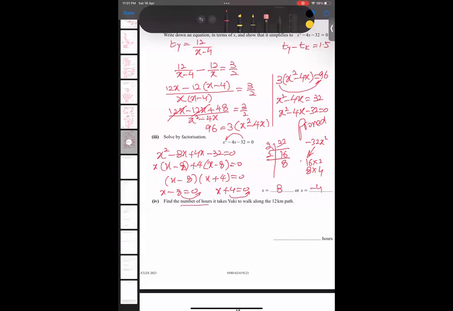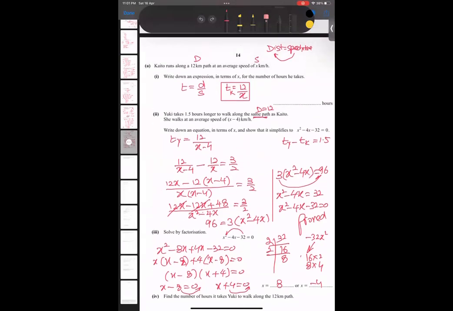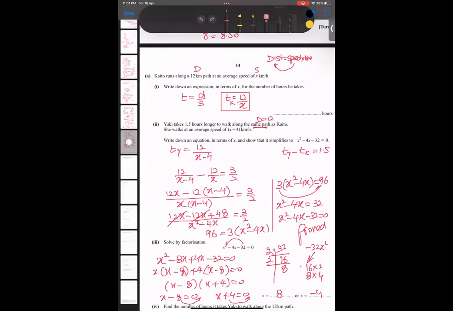The number of hours it takes Yuki to walk along the 12. So how much time? If you look here, what is the time formula for Yuki? How to find time: distance we have and speed we have. So we have this time formula already. If I plug in x here, I will get my answer.